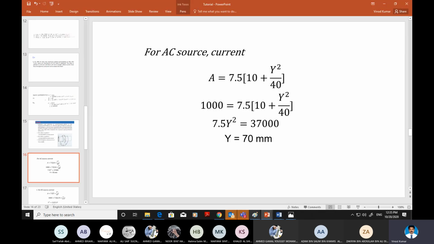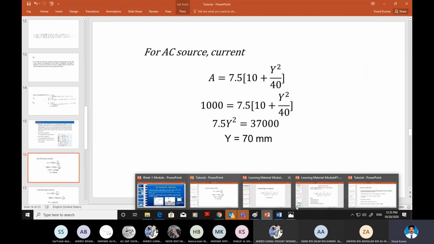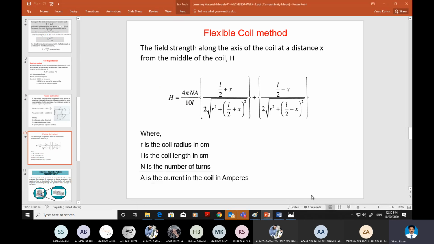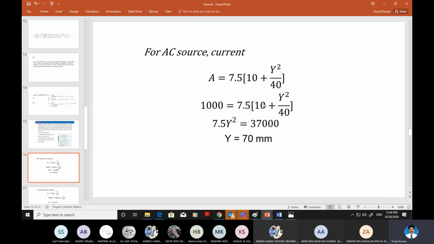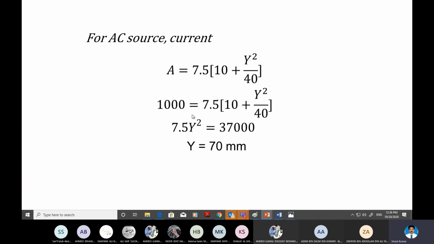You can see here the same equation we used before. 10 and 40 are constants. As I explained, these are empirical equations, which are derived from experimentation. These equations are not directly from a law, they are from experiments.